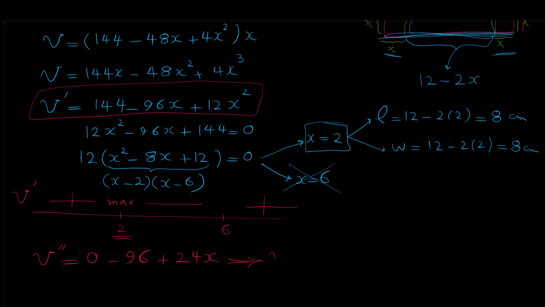Now if we plug in the critical point 2 in V double prime, it equals negative 96 plus 24 times 2, which equals negative 48. Because V double prime is negative, it shows that this critical point is a point that maximizes the function.